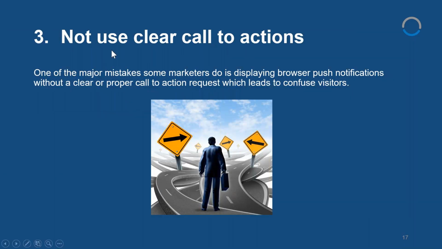The third mistake is not using the proper call to action. And obviously, as marketers, the importance of putting the right call to action, the right verbiage, the right button, even the right emoji, right? So this is definitely something to focus on, being mindful of the call to actions you have and using the proper wording.